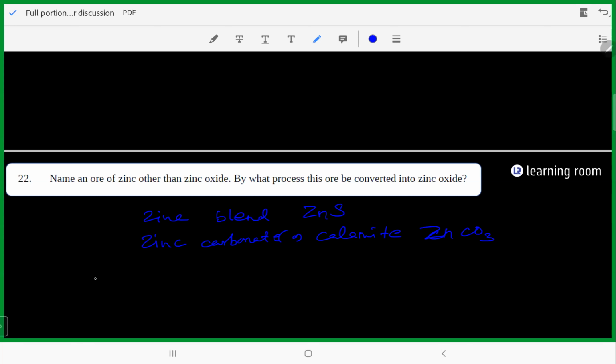ZnS is converted into ZnO by roasting in air, and here it gives SO2. ZnCO3 is converted into ZnO plus CO2. This is known as calcination.